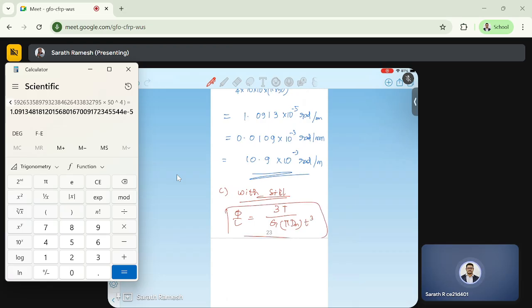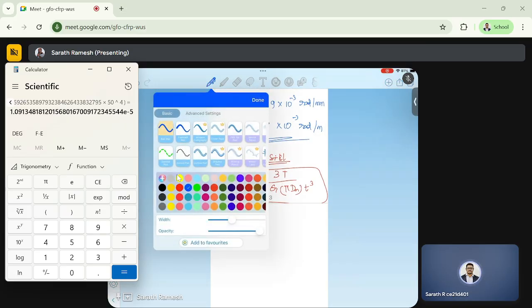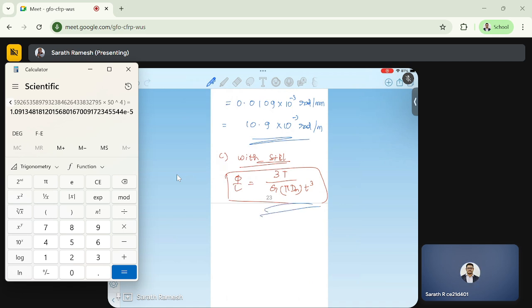This is a direct formula, so you can substitute here and get the appropriate value.